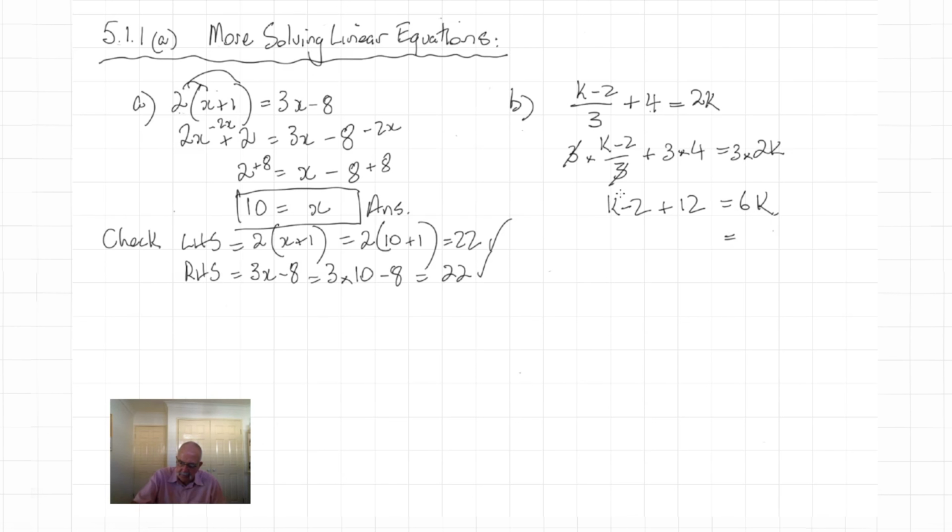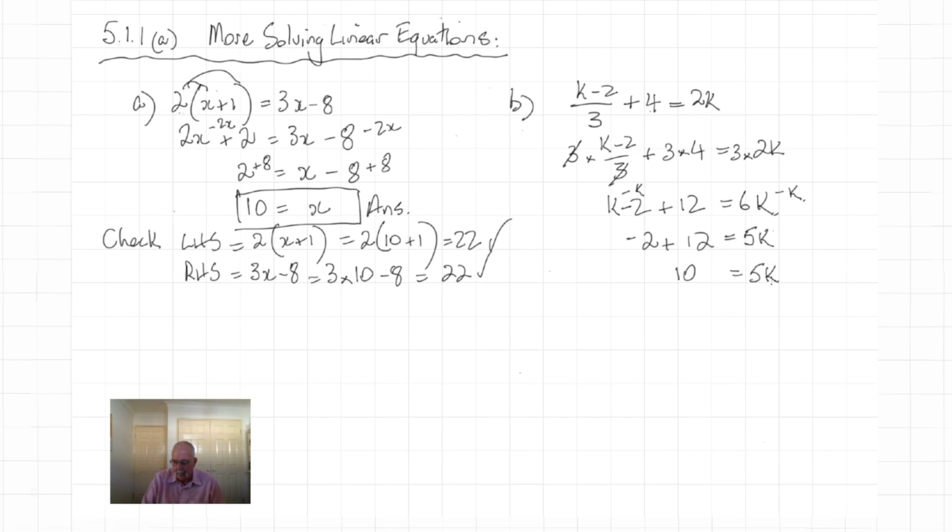So I'm going to take k from this side and I'll take k from that side, so my balance is maintained. K minus k is 0, so I've got negative 2 plus 12. That's the only thing that's left now on the left hand side. And 6k minus 1k is 5k. But what is minus 2 plus 12? Well, that's 10, or positive 10 equals 5k.